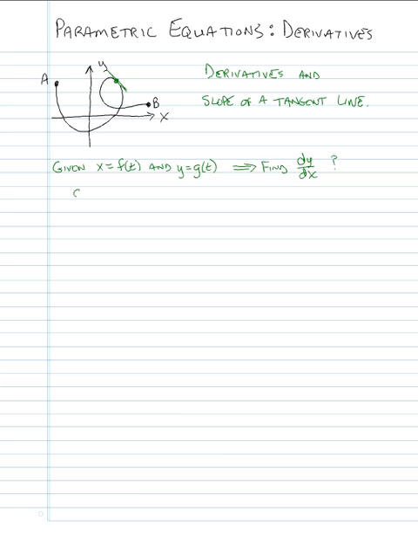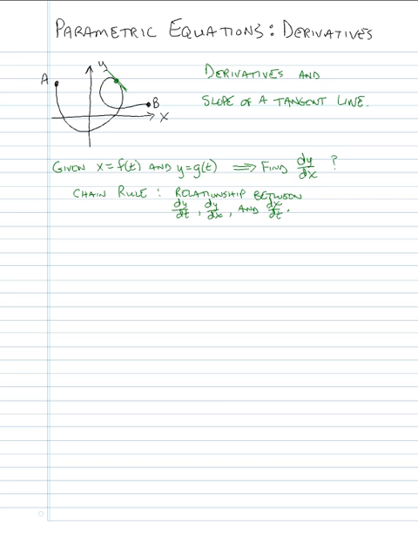But according to the chain rule, here is the idea of what's going on. According to the chain rule, there's a relationship between the derivative of y with respect to t, the derivative of y with respect to x, and the derivative of x with respect to t.